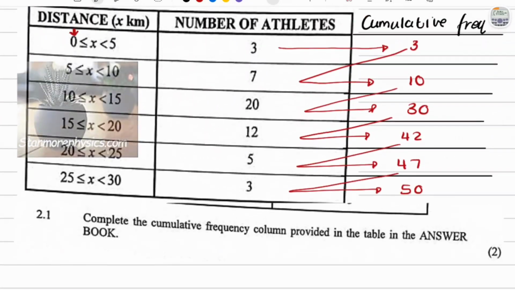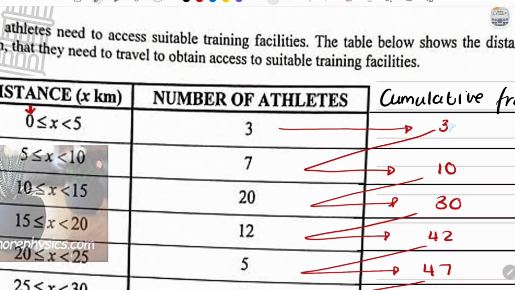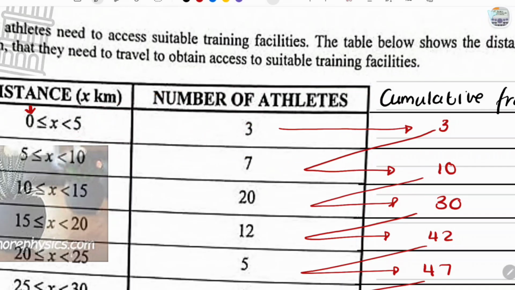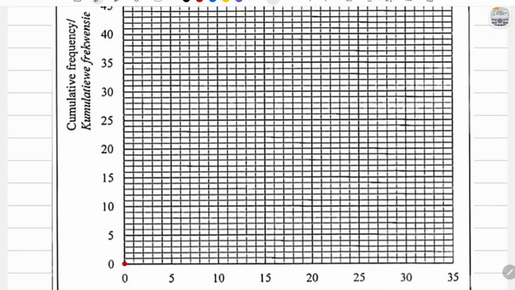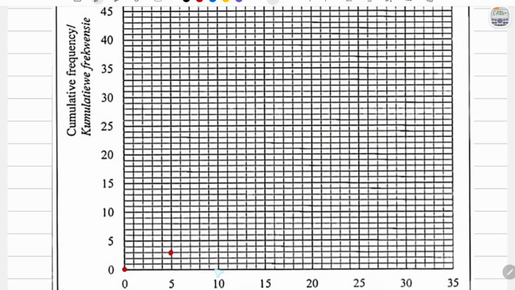Then the next one is going to be the 5 and your cumulative frequency value of 3. Now it's just going to be the 5 with the 3, the 10 with the 10, the 15 with the 30, and so on. So that's 5 and 3. Then we have 10 and 10.